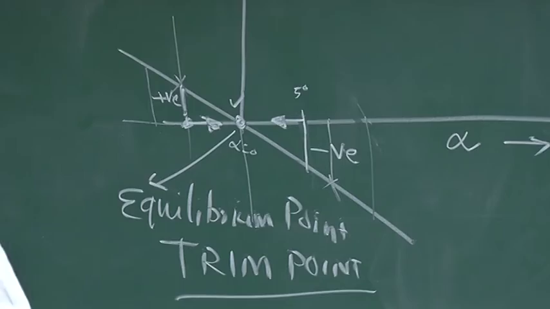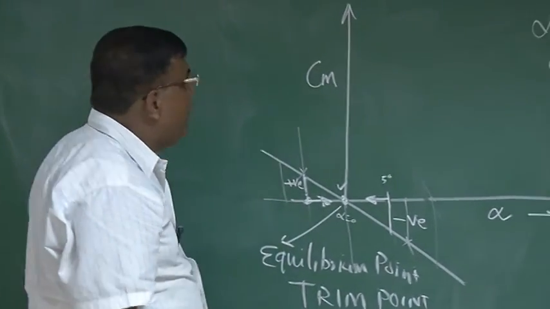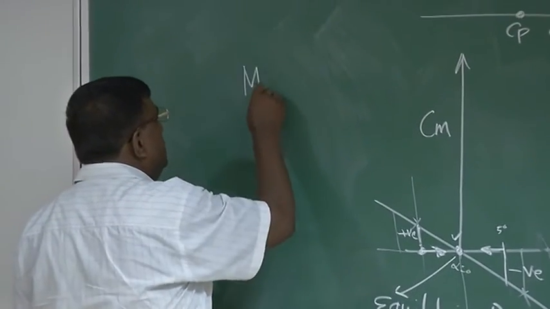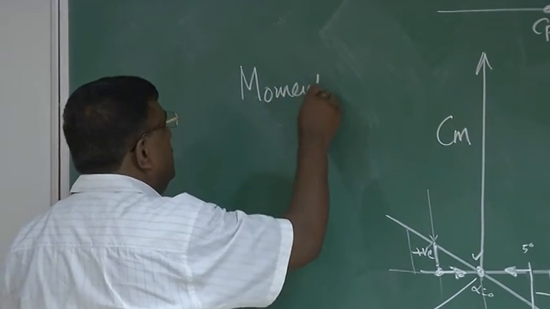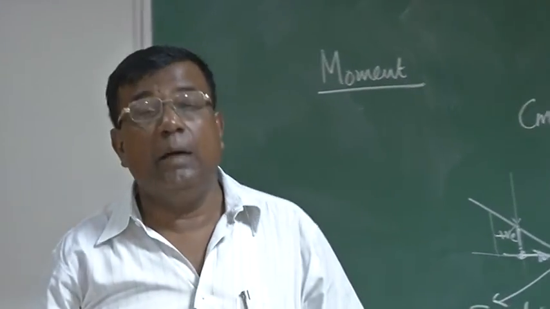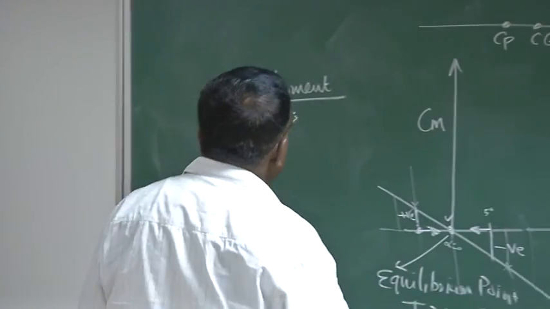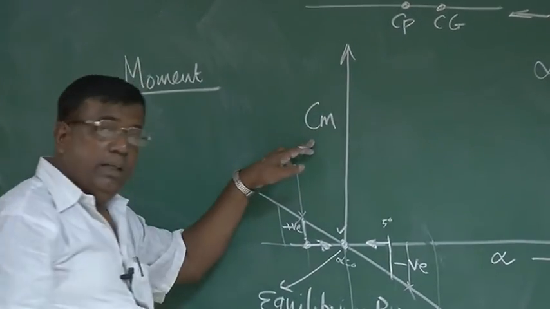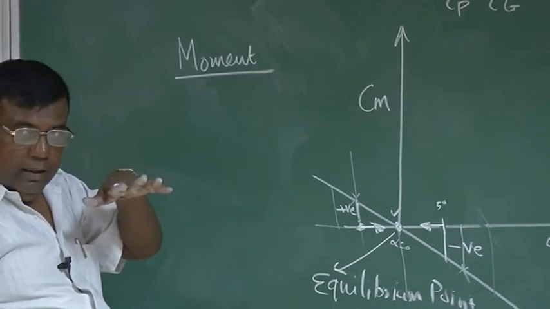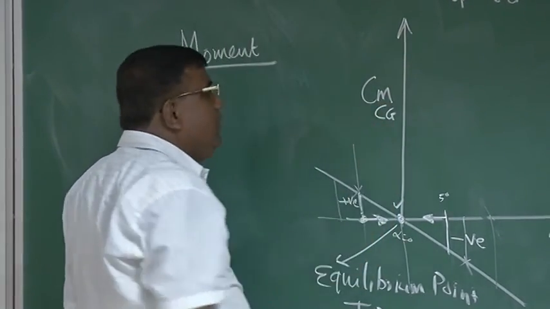Is it clear? Okay. Now there is a little finer thing you must understand. Whenever I am talking about moment, what is moment? Moment is the effect of a force about a point or a line. So when I write Cm, it must be about a point for the airplane. And this is actually about the center of gravity.